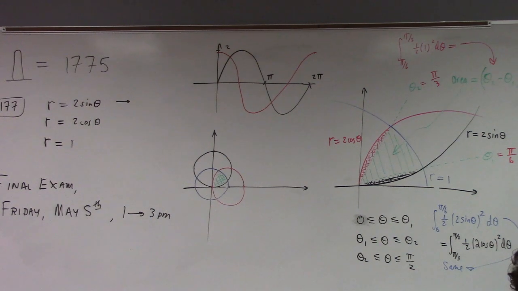So specifically here, x is 3 cosine squared theta plus the sine of 6 theta times the cosine of theta, and y is 3 cosine squared theta plus the sine of 6 theta times the sine of theta. Once I know those, I can calculate dx d theta and dy d theta.